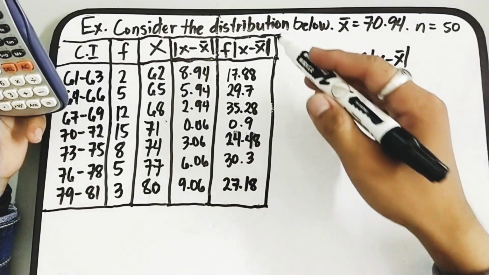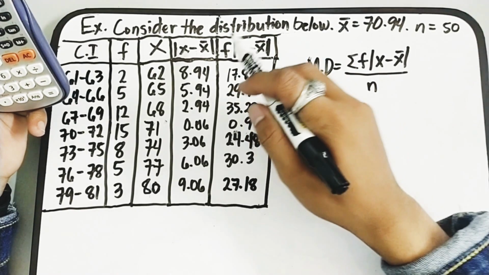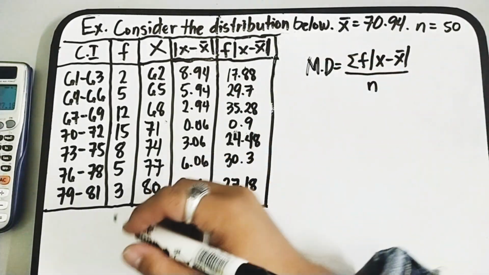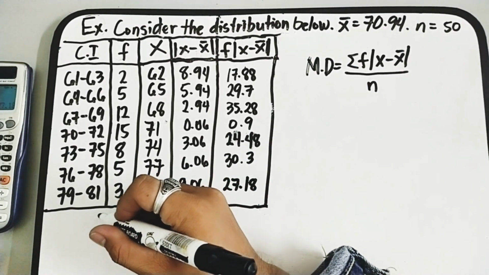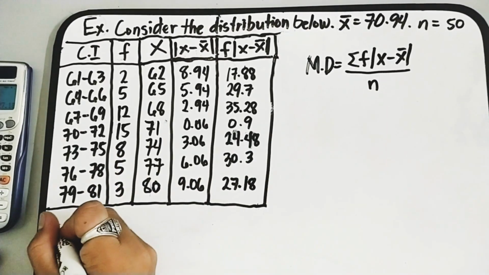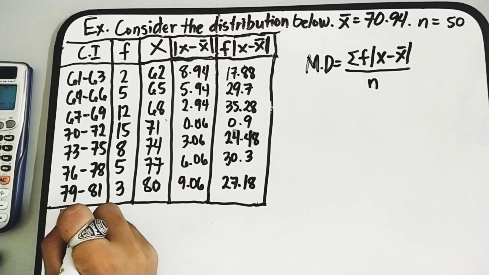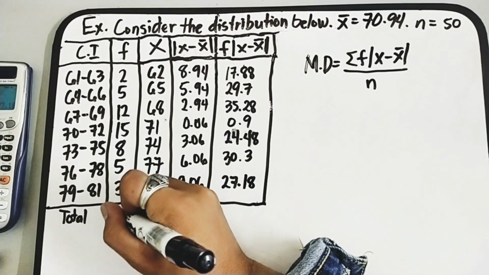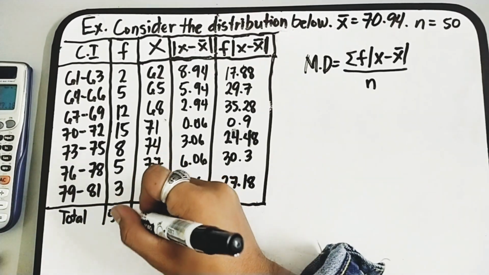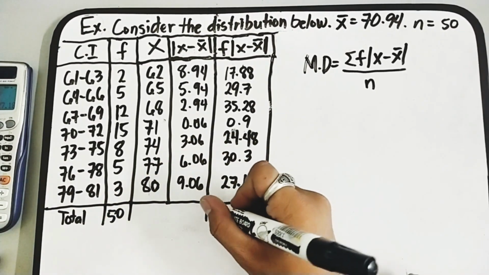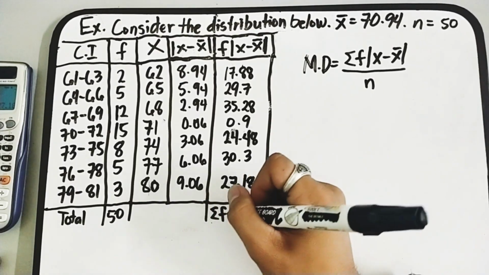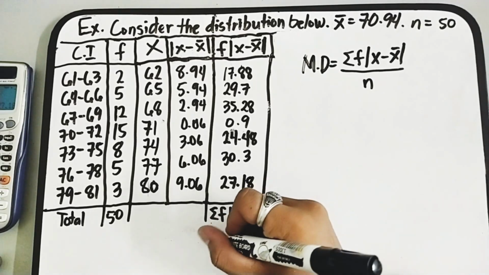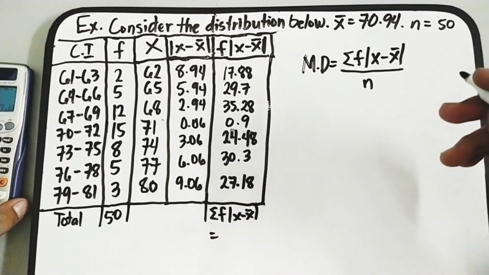Okay, we have now this frequency times the absolute value of the class mark minus our mean. So again, ito yung total natin dito. For yung summation, total nito we have our 50. Ito yung N. Next, summation of frequency times x minus sample mean, pag-a-add lang natin to lahat.